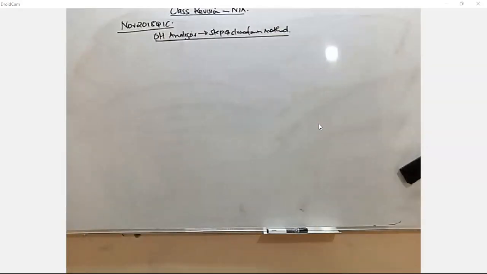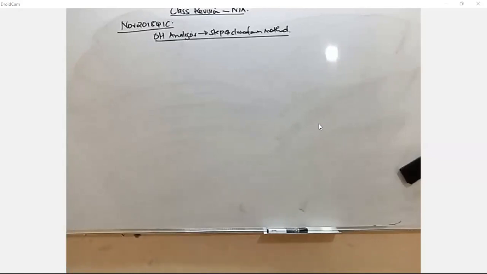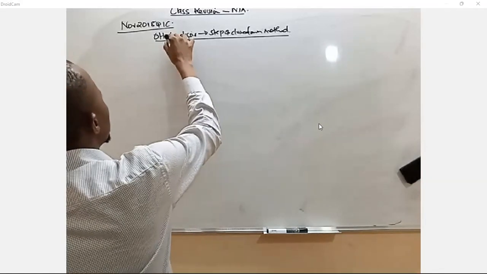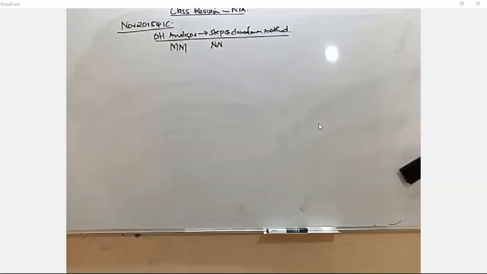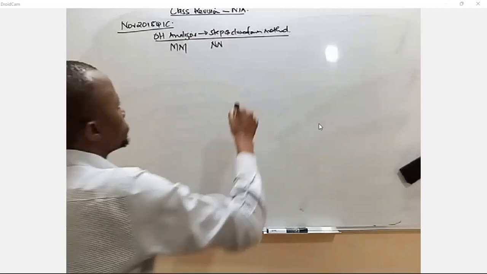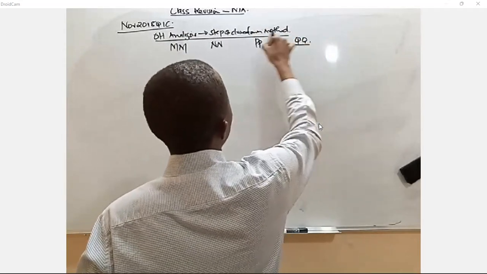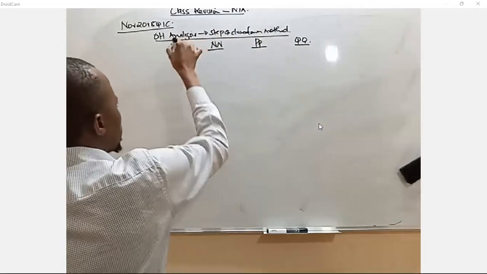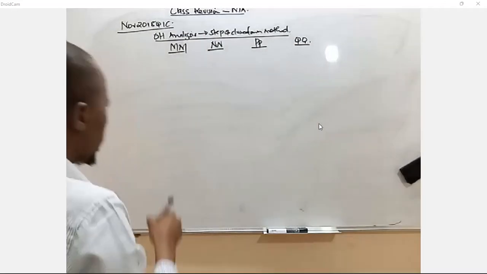So in this case, let me take the production departments together with the service departments. So we have MM, we have NN, we have PP, then we have QQ, something looking like this. So let us take our allocated overheads.